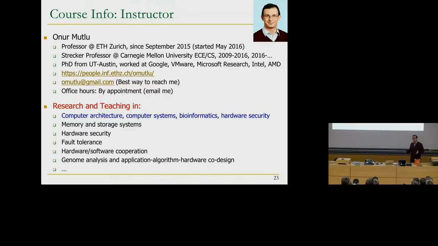And that's essentially how things are being designed today. You need hardware-software cooperation, and you need to really understand both to be effective in building complete systems that are efficient at solving problems. And genome analysis and application-algorithm-hardware co-design is another of my interests. And I'd be happy to talk about any of these if you have interest.